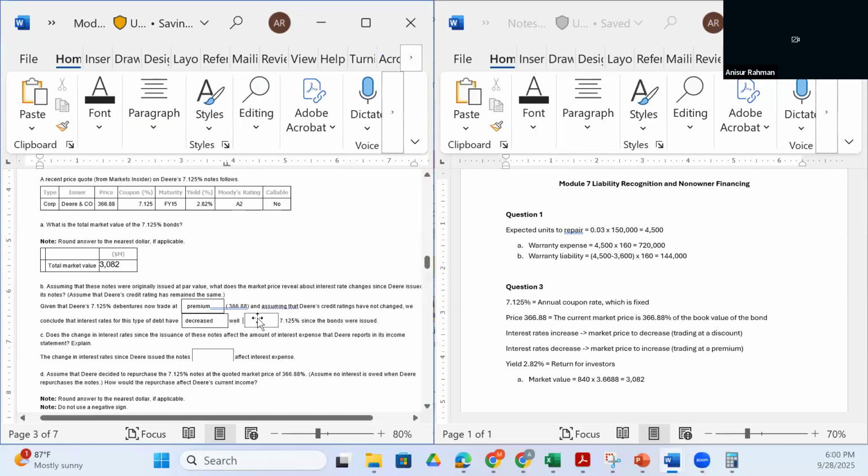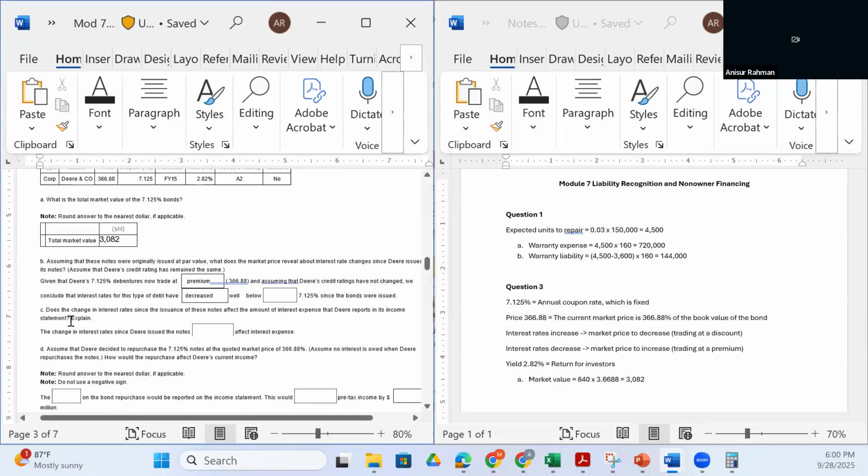This one should be in this box: well below 7.125% since the bonds were issued.